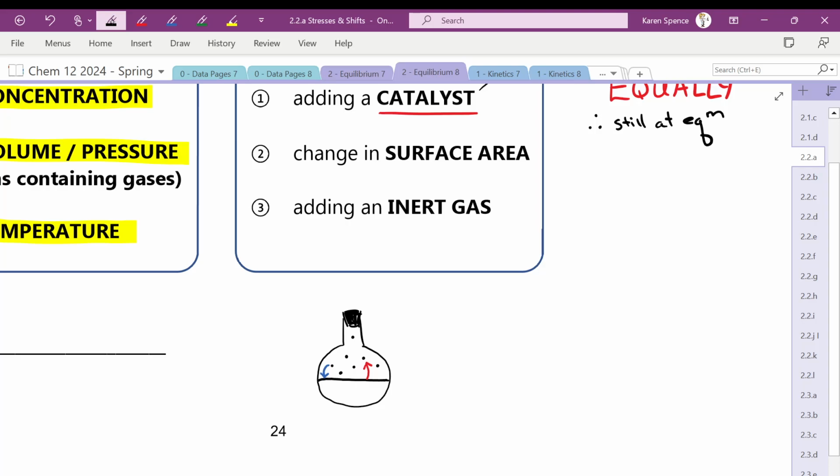Now we're going to make the surface larger. And we're going to do that by making a really weird shaped flask. Okay? Bizarre shaped flask.